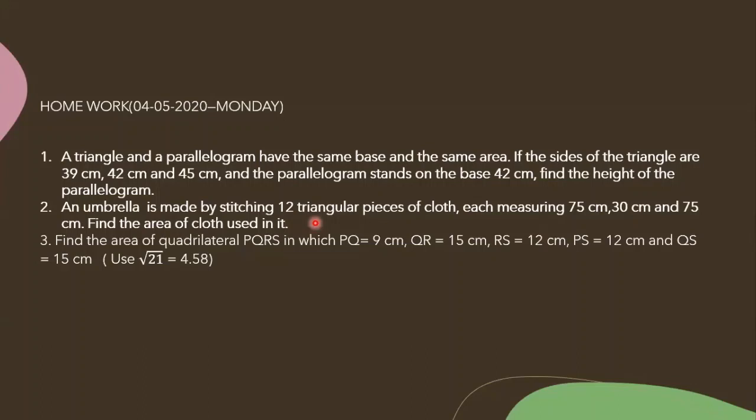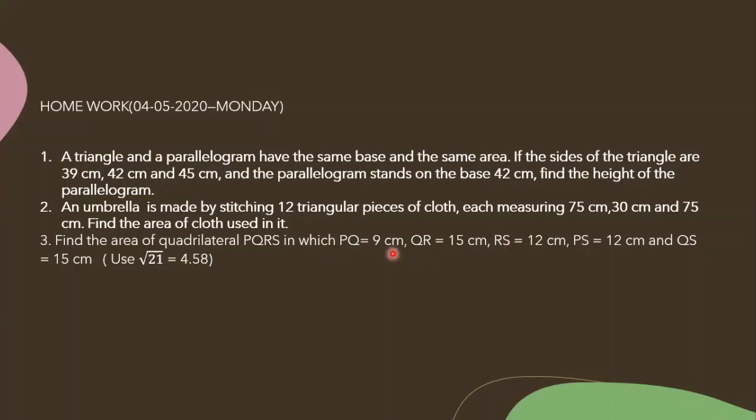Exercise 12.2, we have already discussed in the summary also. To find the area of a quadrilateral, they should give either all 5 things, that is, all 4 sides and either a diagonal or one angle. If they give a right angle, we can do it. Or all 5 values: 4 sides of the quadrilateral and one diagonal value.